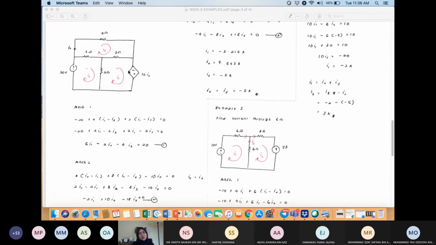You look at this one, it is negative positive, so the current direction is opposite of current I2, so it becomes negative 10 I0. So this equals 0.